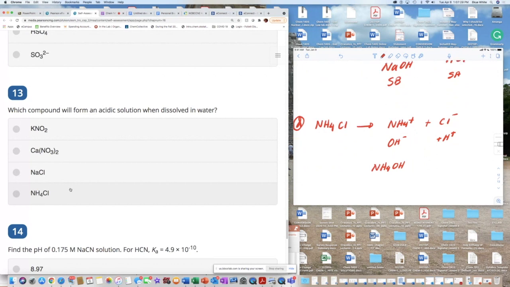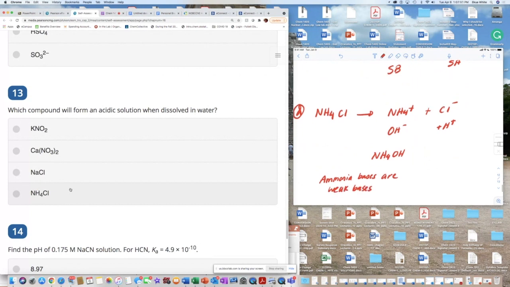So this was mentioned at some point in the slides that ammonia bases are weak bases.